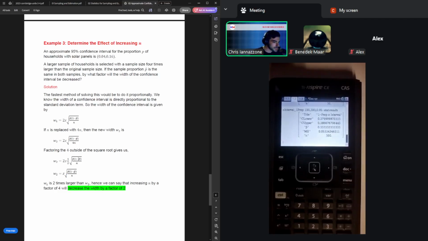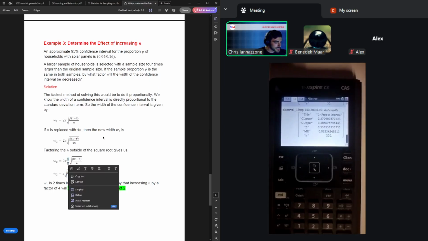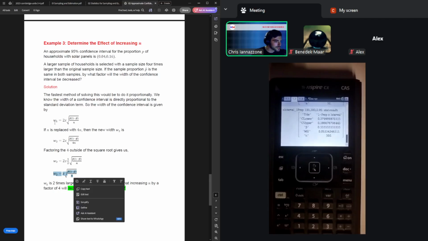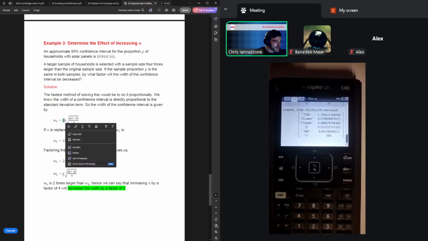From here, the easiest way to compare the two is to make sure the coefficients are located in the same sort of area. So all I'm going to do is factorize the 4 outside of the root. By doing so, that will become a factor of a half, and the 2 and the half will now cancel. You now have something that is much easier to compare because the factor is now a bit more obvious, right?